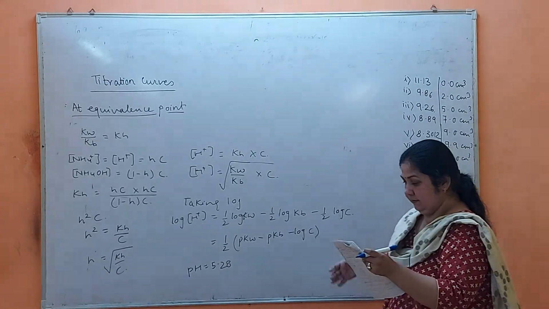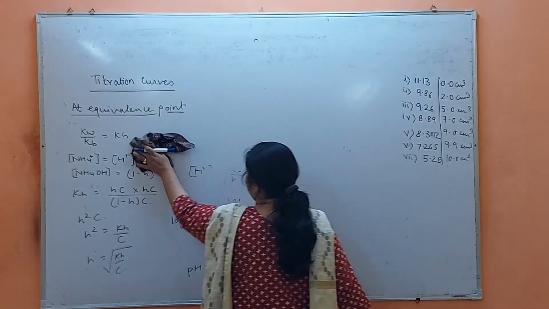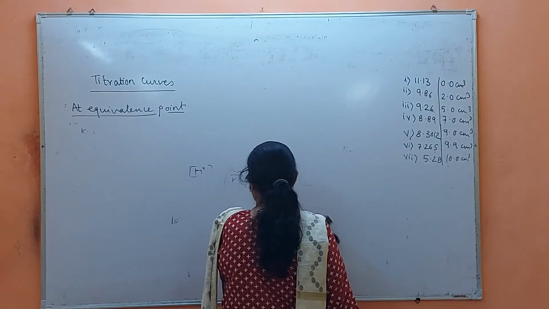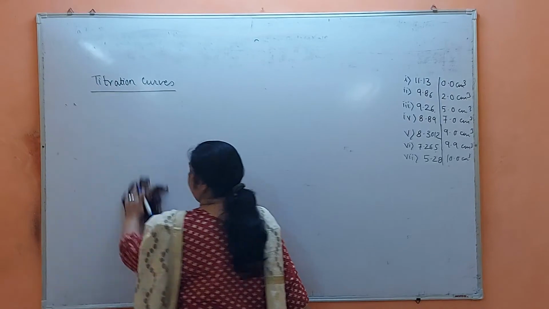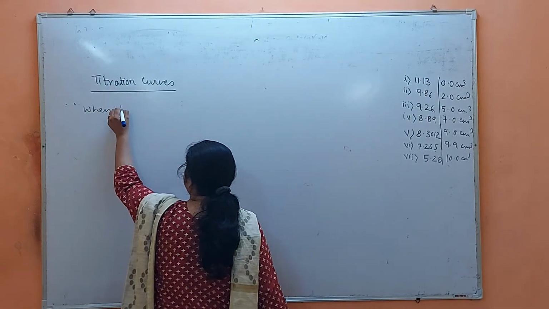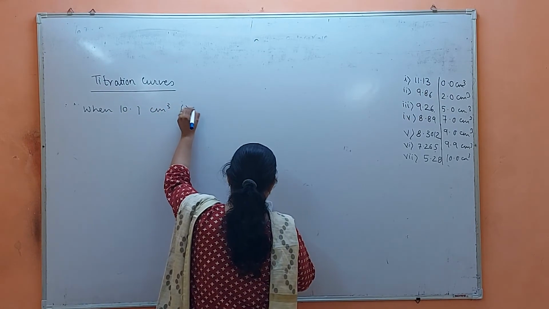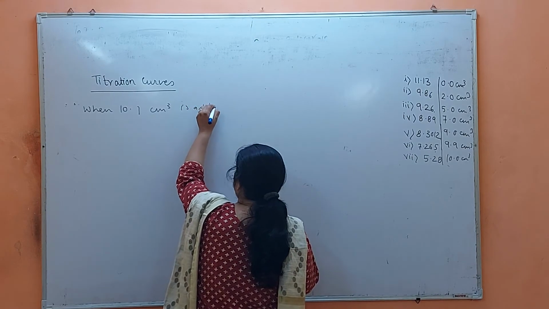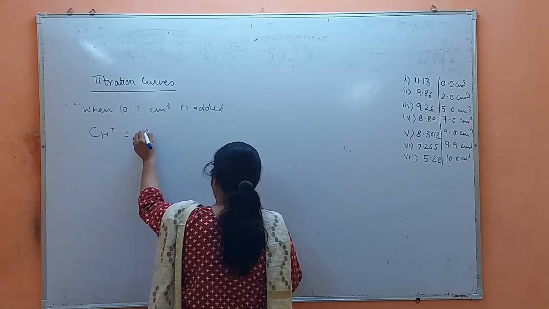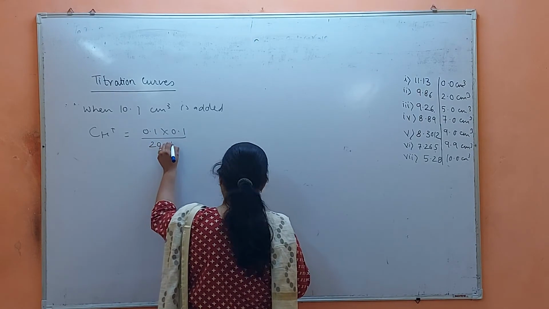Now see, when 10.1 cm cube is added, HCl would be in excess, so C of H plus will be equal to 0.1 into 0.1, because 0.1 is in excess, divided by 20.1.